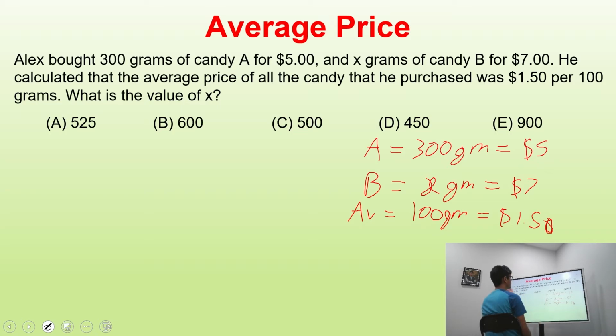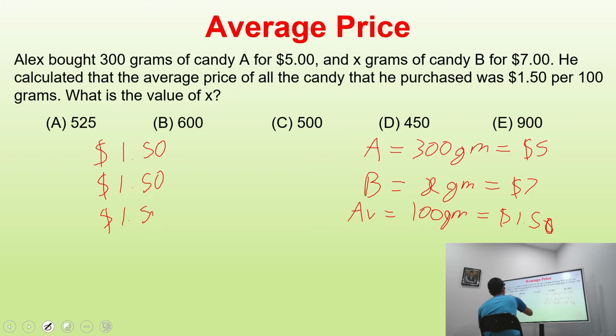So we know that this is the information that was given, and now all we have to do, since we already know that the average was $1.50, is just keep on adding $1.50 each time until we got 7. So if we kept on adding 150, then we already know that it's equal to 100 grams, and based on that we'd get 7. So we have $1.50 plus $1.50, and we're going to keep on doing this until we get $7.